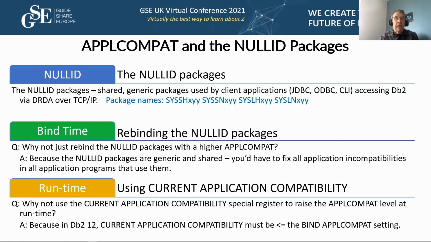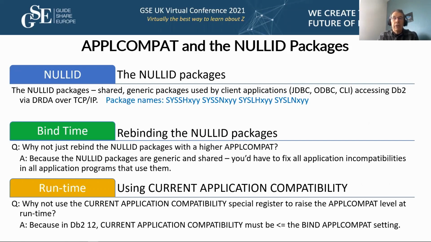And they have a series of package names, SYSSHxYY and SYSSNxYY, as you can see on the screen. Now for those, S indicates a small package, a small cursor size essentially. H indicates that you're using a cursor with hold. N indicates you're not using cursor with hold. And the X tells you the isolation level.